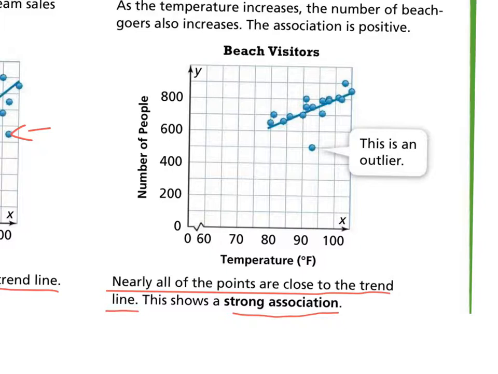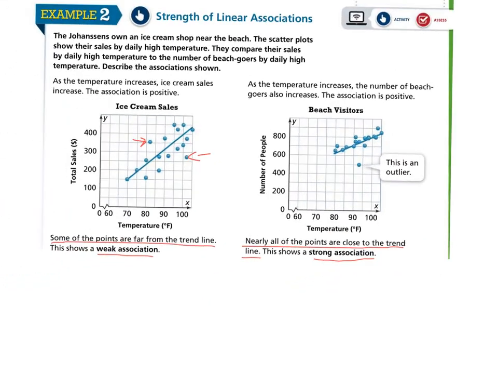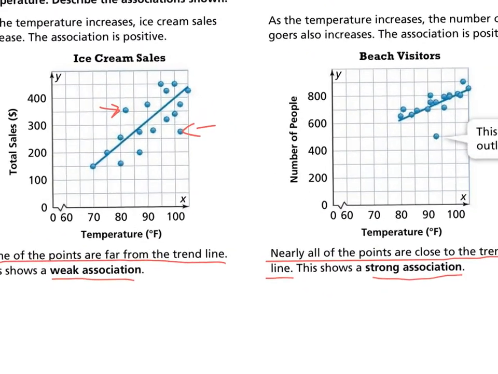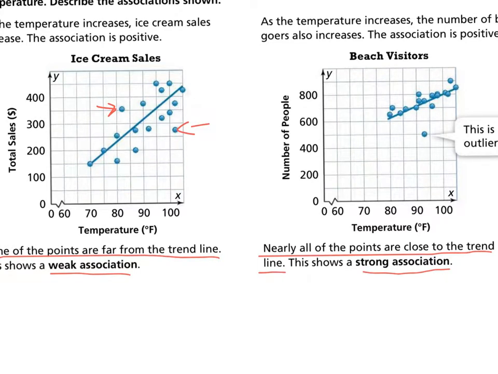In other words, we can pretty much guess the higher the temperature, the more people there are going to be at the beach. Again, the ice cream sales kind of follows that pattern, but not quite as tight to that line that we can draw. So it's not quite as strong a relationship or association as people going to the beach would be.